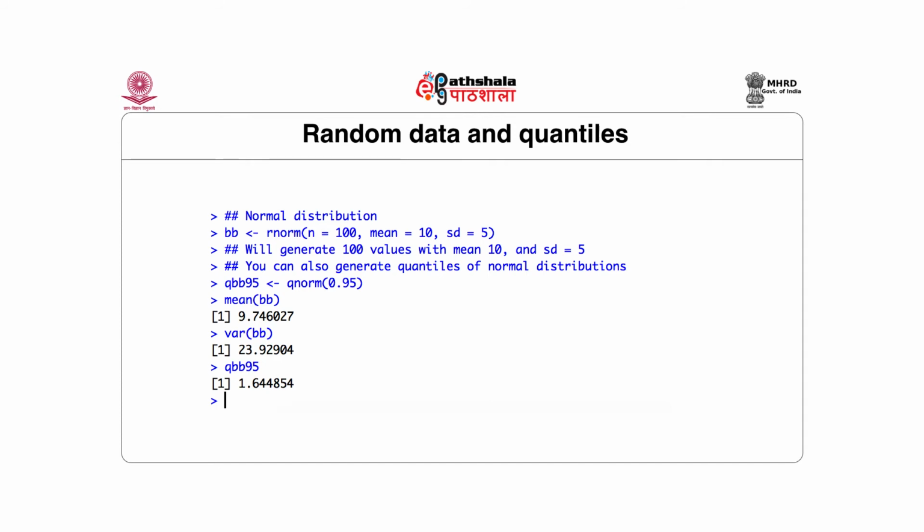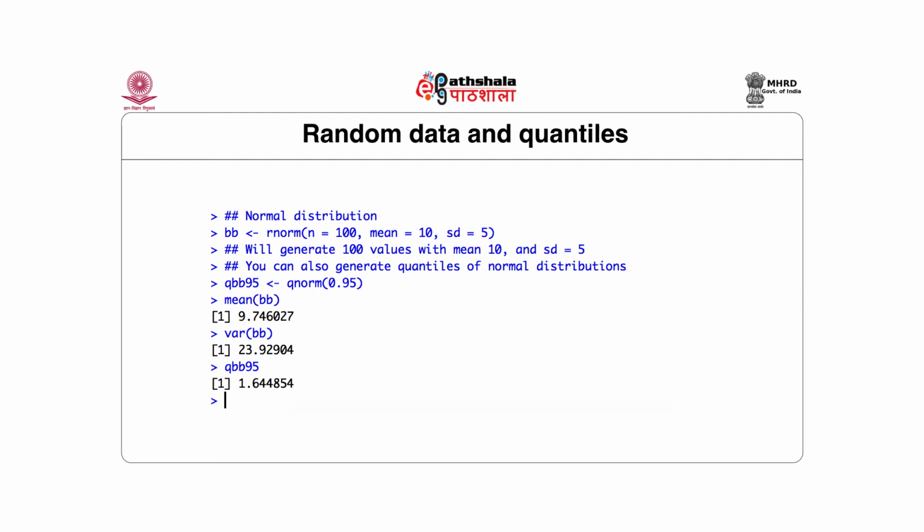R stands for the generation of a random sequence of those numbers. You specify the number of values, the mean of 10 and the standard deviation of 5. This is how you write that, BB, and you store the results in an object called BB, because everything in R is an object and all objects have their own classes and properties.